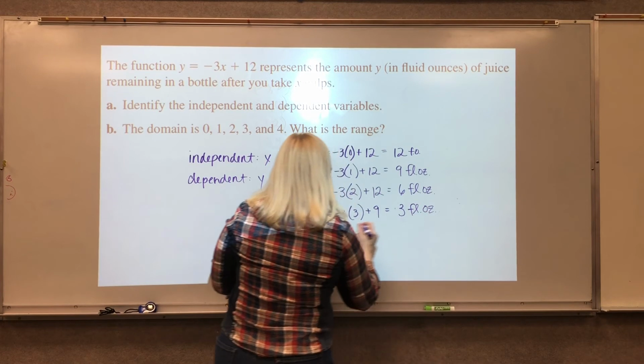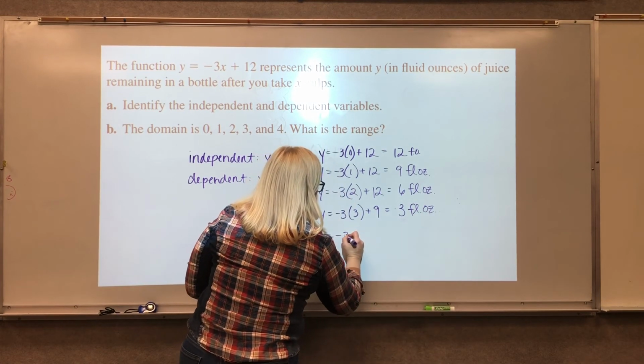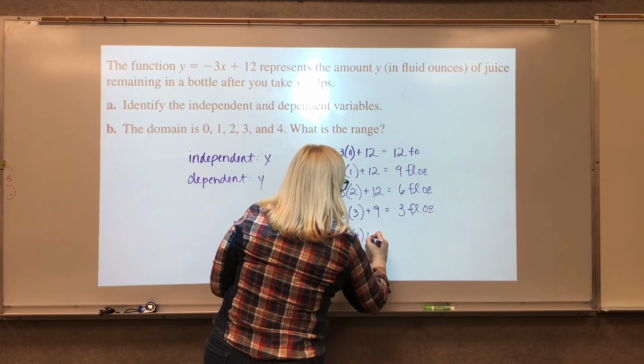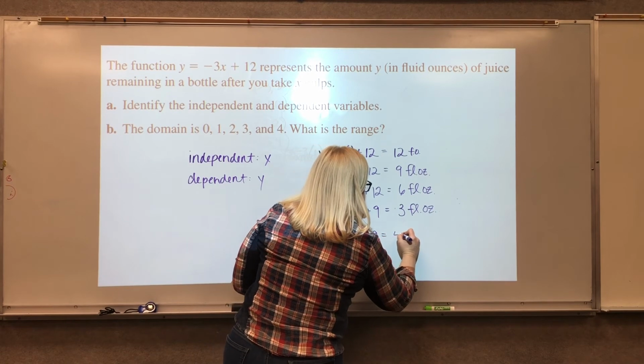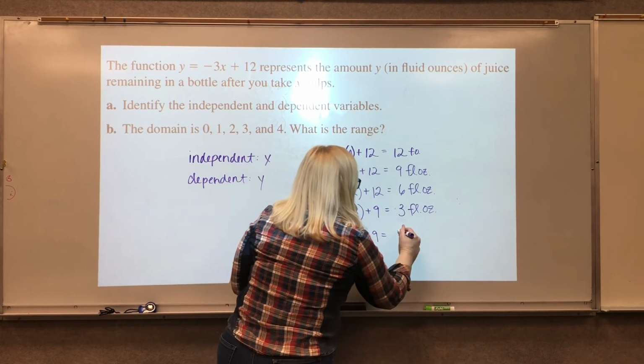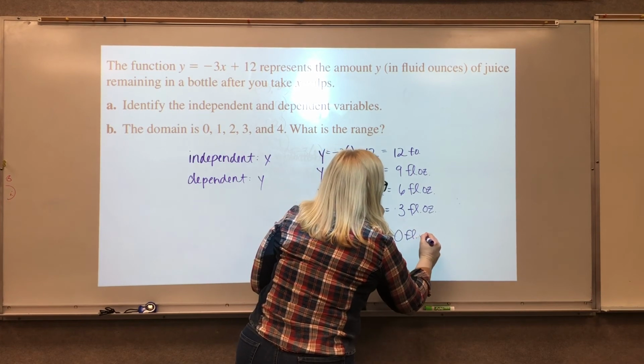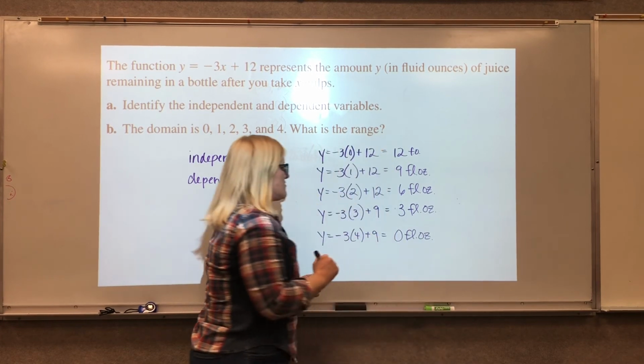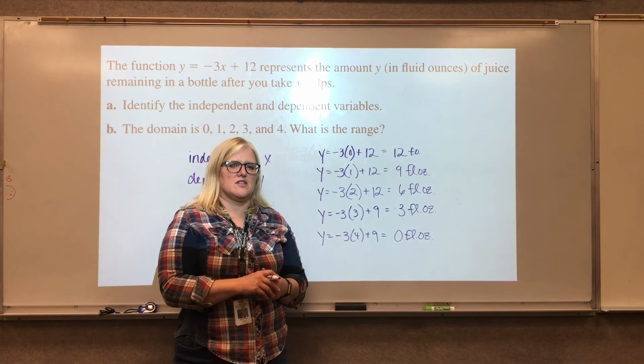And one more, my 4th gulp gives me 0 fluid ounces. So I just drank 12 ounces of juice in 4 gulps.